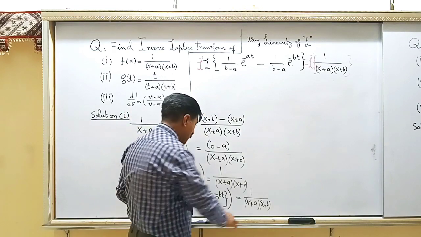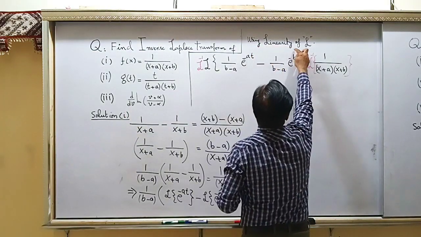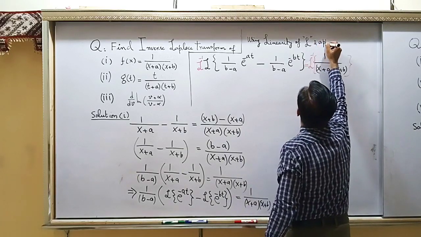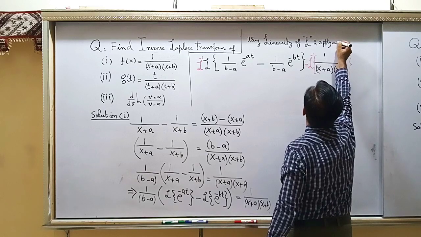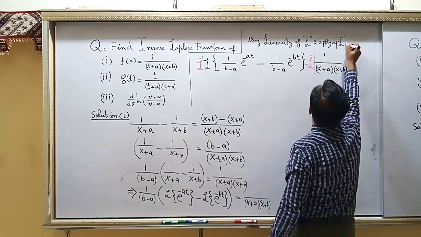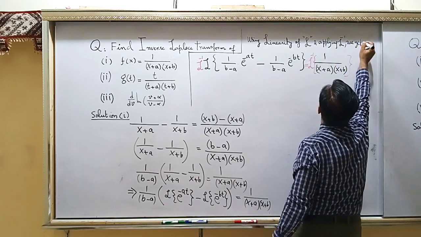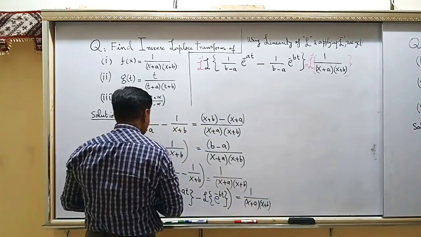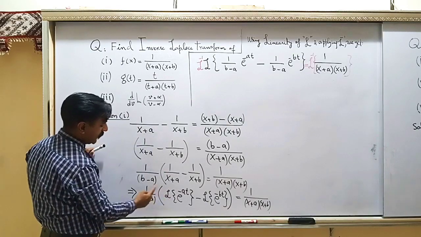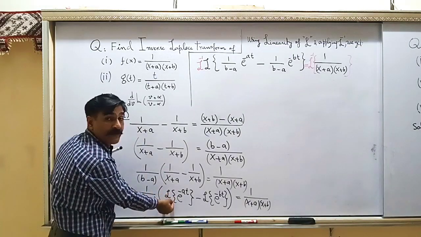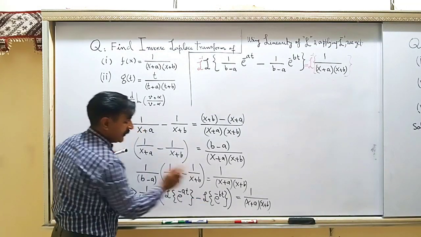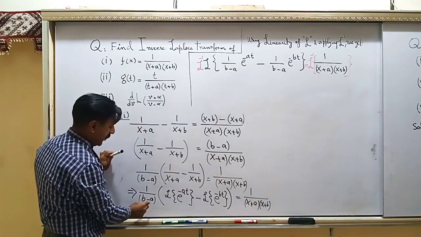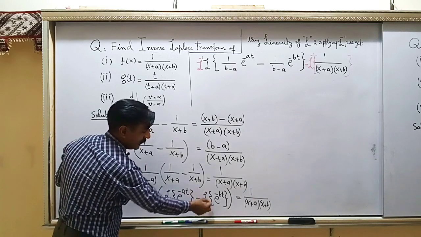So you have done two steps: using linearity of L and applying L inverse. First you have used the linearity. Linearity means you have shifted the operator L to the left and the constant to the right of it. And the same here, the operator on the left taken common and the constant on the right of this.